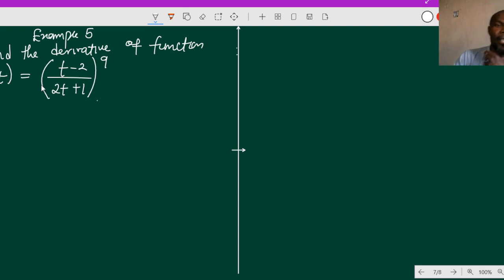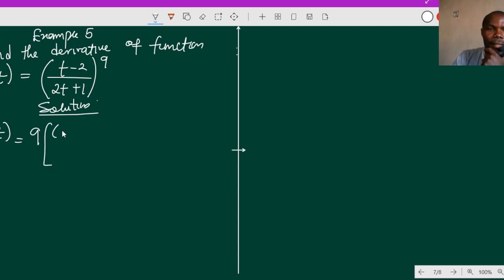How do we differentiate this? So solution. In differentiating this, g of t will be 9.